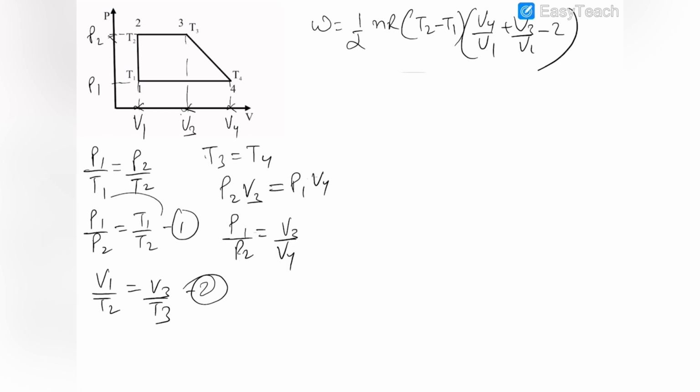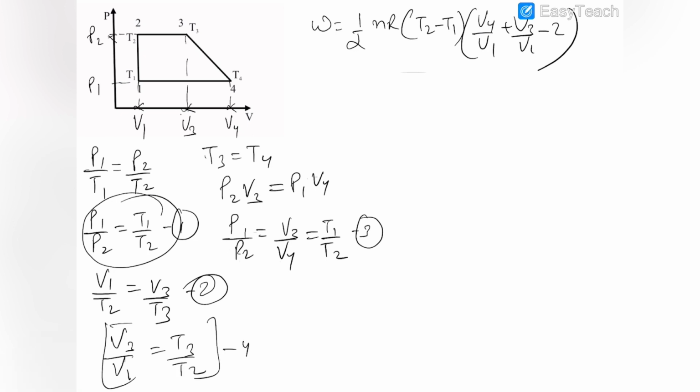So by equation 1, it is equal to T1 by T2. This is equation 3. Now we will see that V3 by V1 is equal to T3 by T2. This is equation number 4.